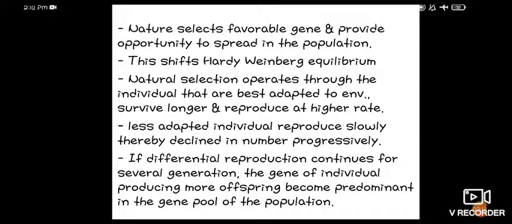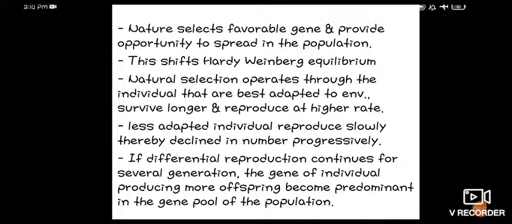For this kind of problem the nature selects a favorable gene according to environmental changes, and that leads to a selected number of individuals remaining in the next generation, which helps the population to be maintained according to the available sources.